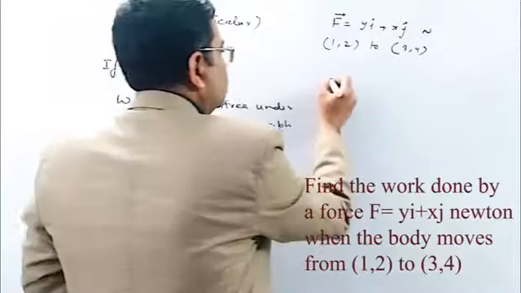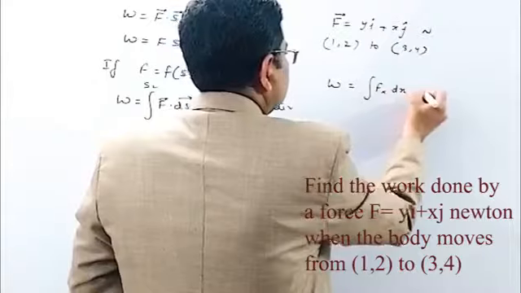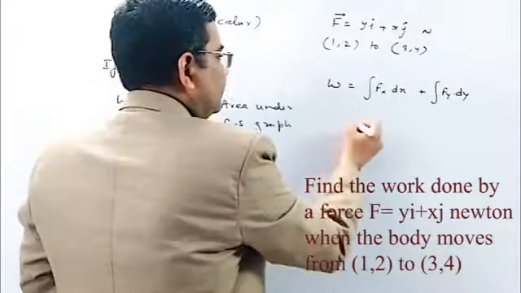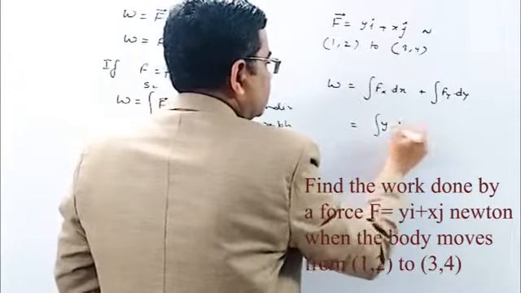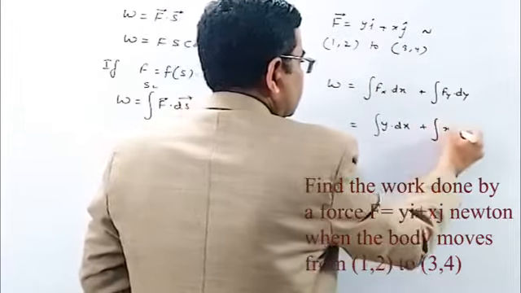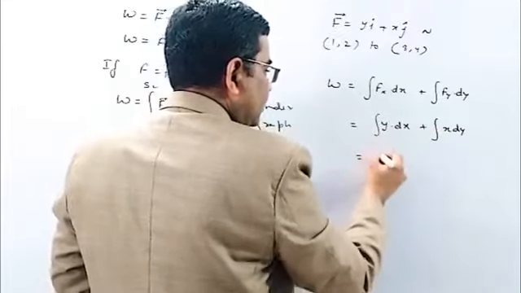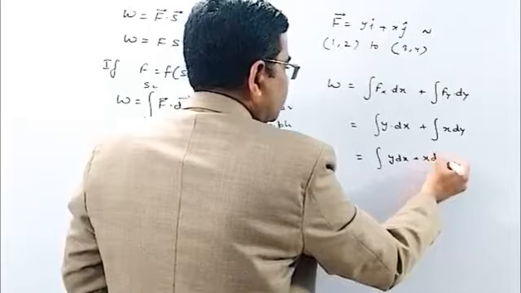So the total work done I can write as integration of Fx dx plus integration of Fy dy. Now Fx is y, so it is y dx plus Fy is x, so it is x dy, and if I combine these two I can get it is integration of y dx plus x dy.